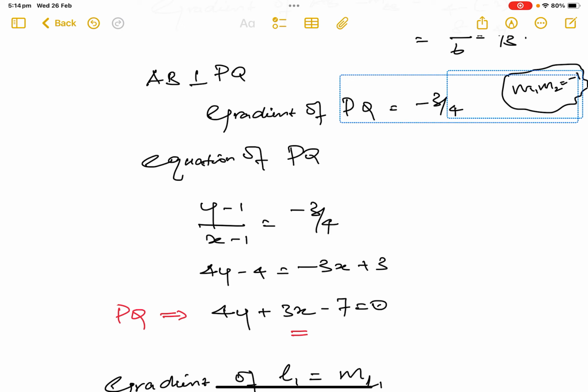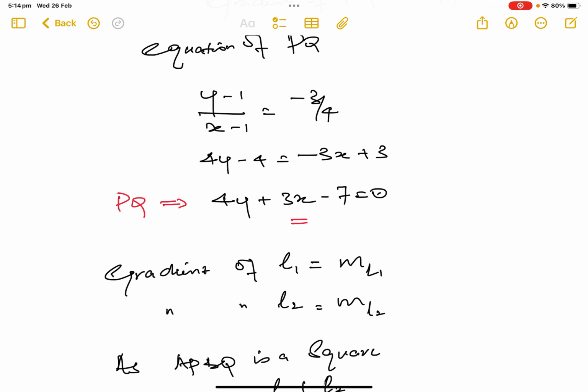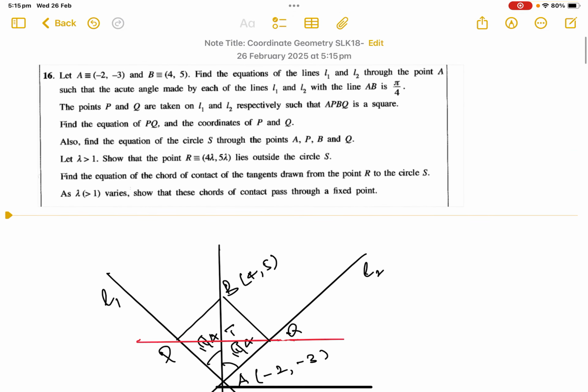If you cross multiply, 4y minus 4 equals minus 3x plus 3. That is 4y plus 3x, and bringing that 3 this side, minus 7 equals 0. That is the equation of PQ, the first part.